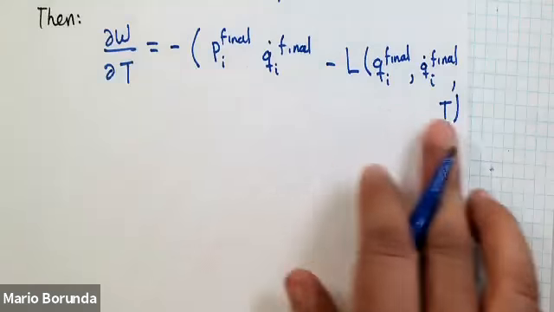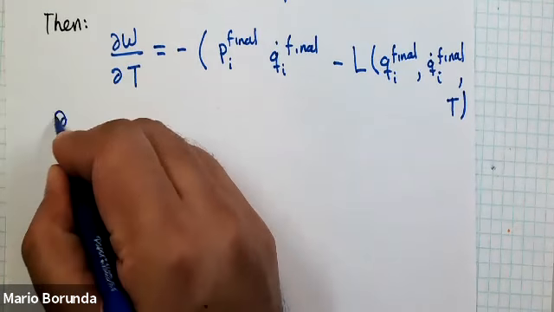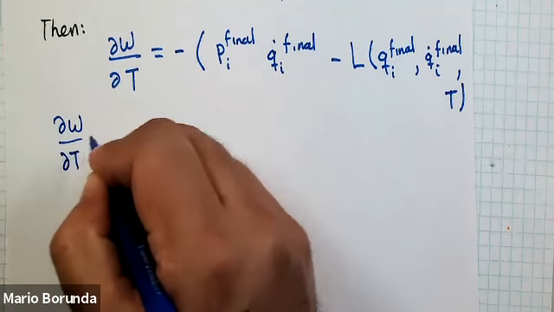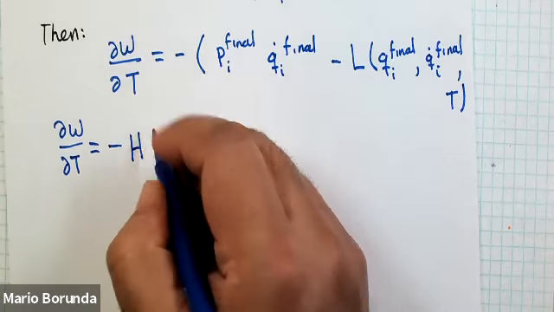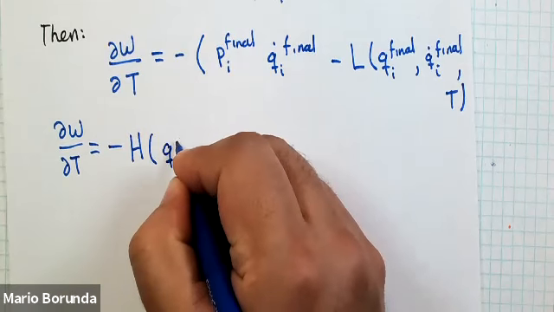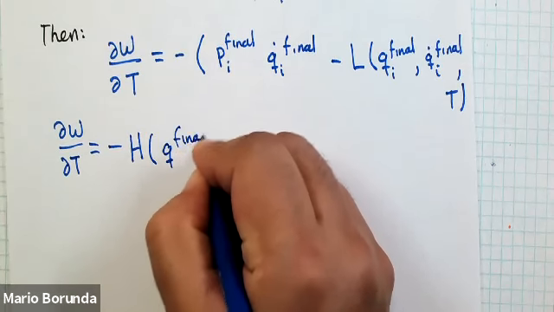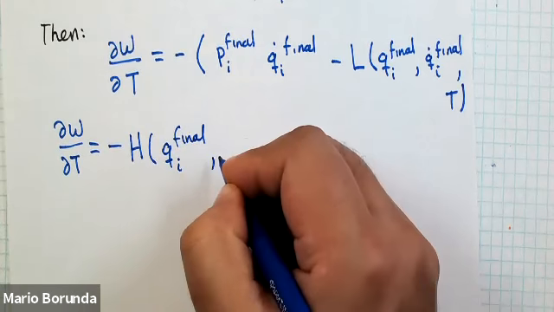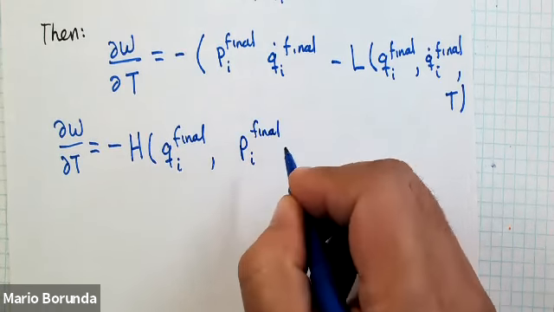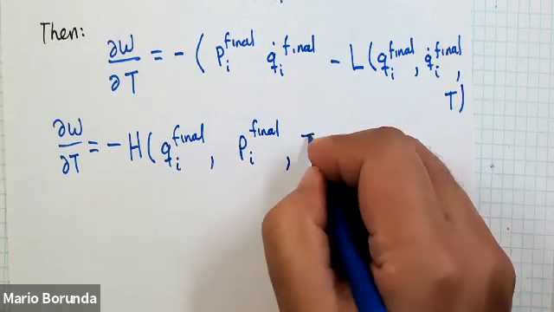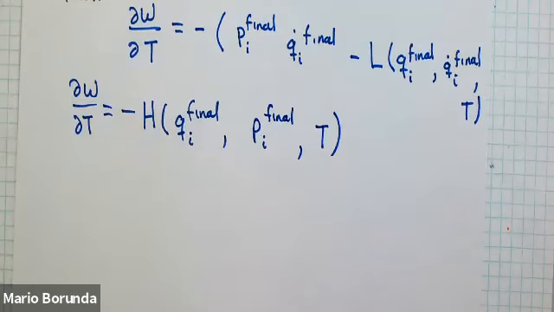And what is this guy? Exactly. Negative Hamiltonian, and this is q final, p final. Just a Legendre transform there, and then the final time.